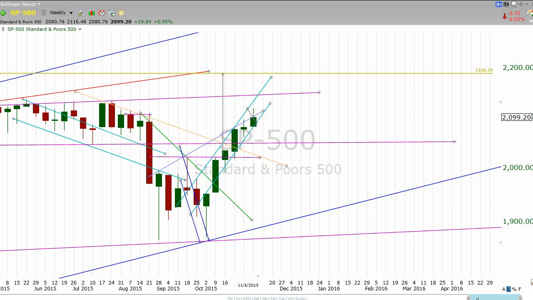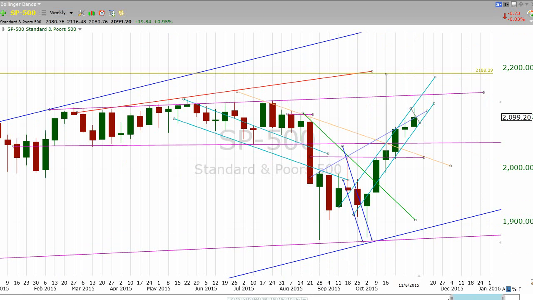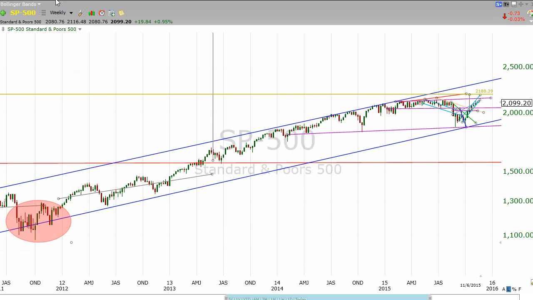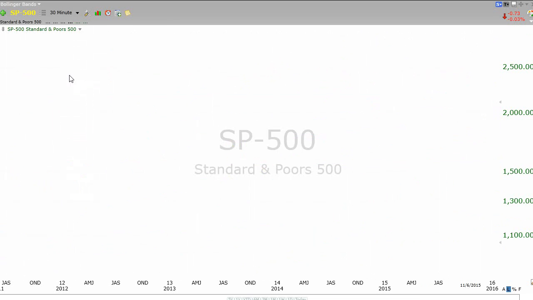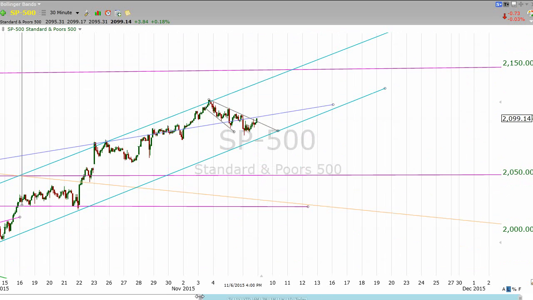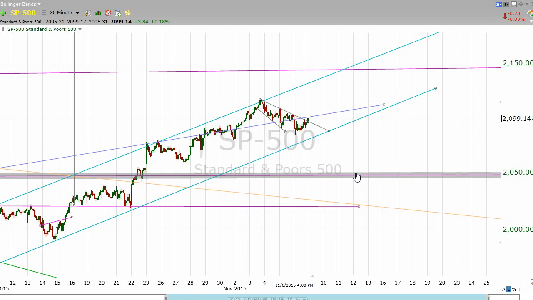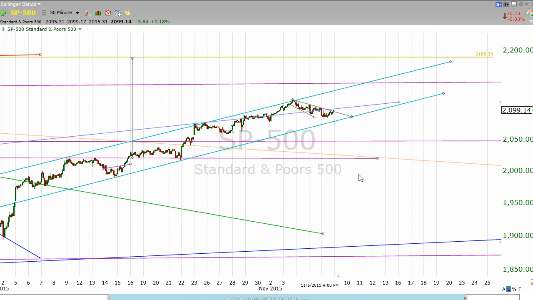Now that is not to say that we could not break this channel and still make our target. Matter of fact, I think that is a very possible thing. We could break down here, back up a bit, and then come back up for another leg up to make that 2188 target. That wouldn't surprise me.